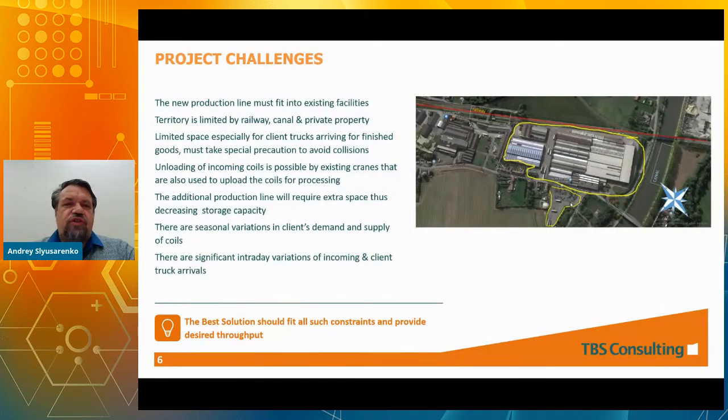What were the main project challenges? You see, the plant is located in a living area in a small town, and its territory is bounded by railway, canal, and private property, so there is not much extra space to fit the new production line. Secondly, the place where client trucks arrive for finished goods is rather limited, and it's a complicated question how to avoid traffic jams and obstacles, taking into account that the number of trucks per day will increase in correspondence with increasing performance.